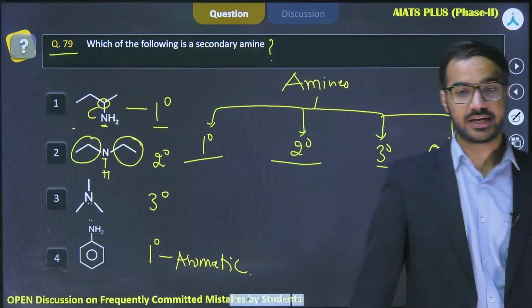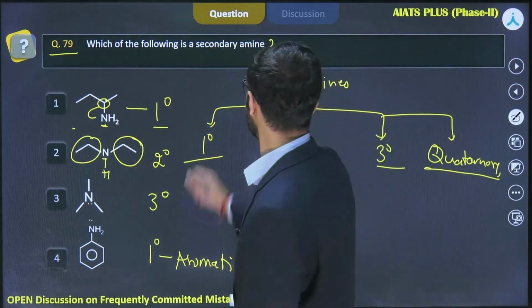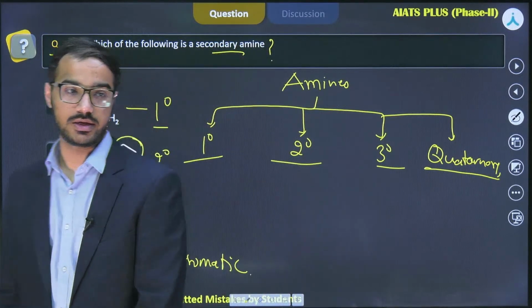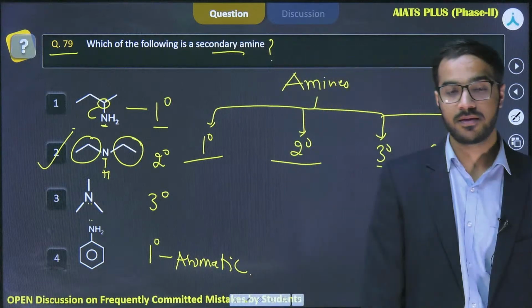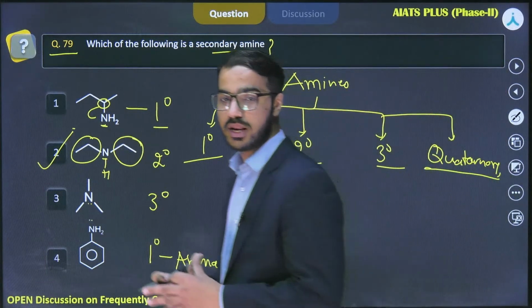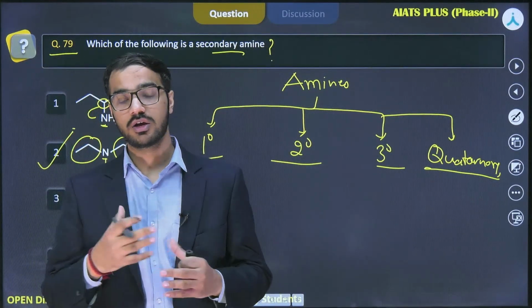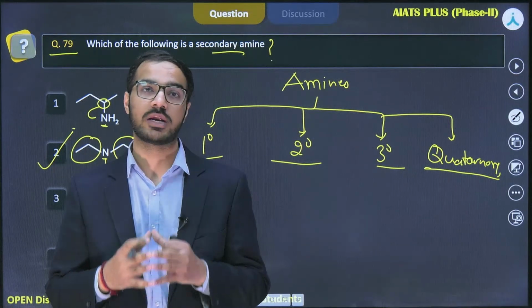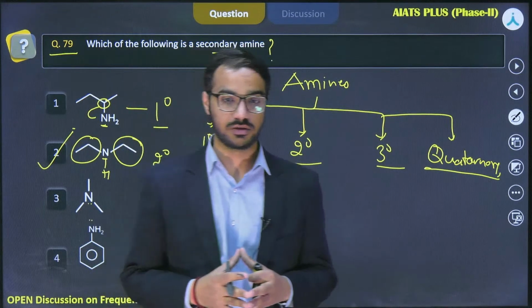So which one is secondary? The secondary amine is part number 2. Absolutely correct. Is it clear? I hope this session will help you get your doubts cleared, and that the many important concepts were cleared in this session.